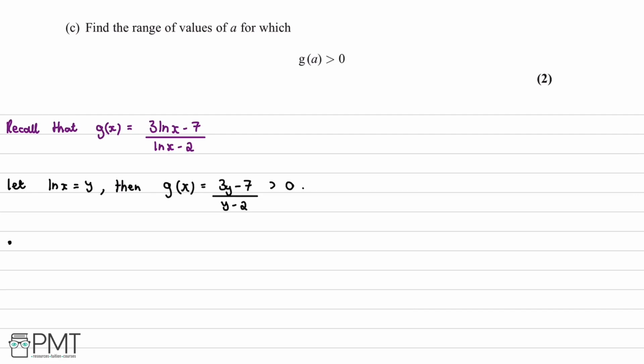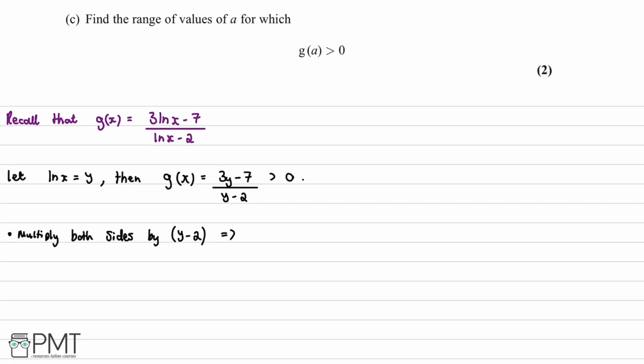So firstly, if we multiply both sides by y minus 2, this means that the denominator will disappear on the left hand side, and we multiply y minus 2 by 0 on the right hand side, so therefore that is equal to 0. So therefore we have that 3y minus 7 is greater than 0.